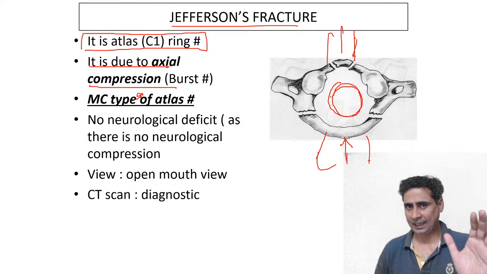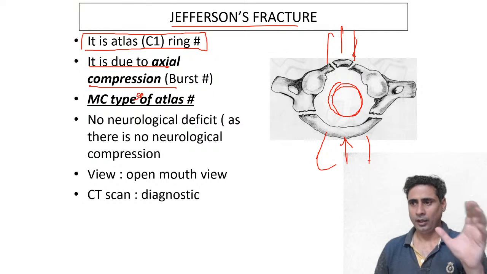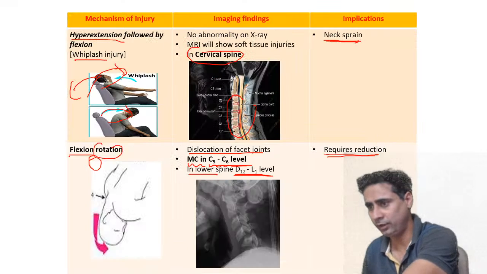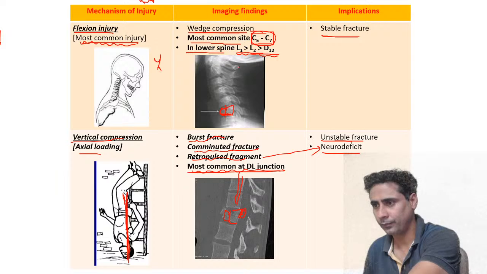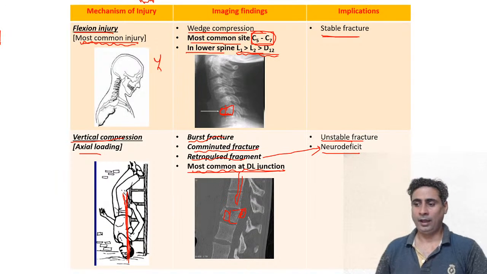Everywhere else in burst fractures, in axial loading, there is compression of the spinal cord. Here you can see, everywhere if there is a fracture in the vertebral body, burst type of fracture, axial compression, this fragment will go, the retropulsed fragment will cause compression because the spinal cord is behind this vertebral body.